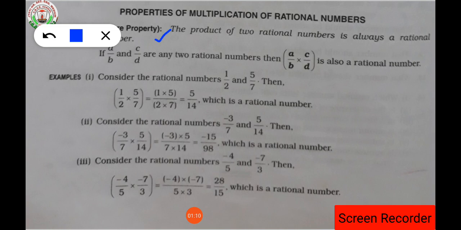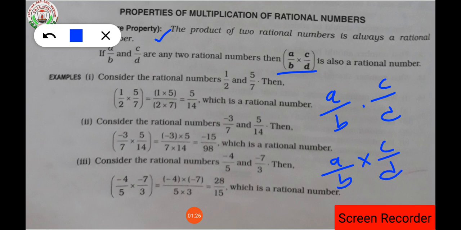In this property, if we consider any two rational numbers, that is a by b and c by d, since we are talking about the closure property, when we multiply these two rational numbers with each other, whatever answer comes, the answer will also be a rational number. Have you understood what I am saying?